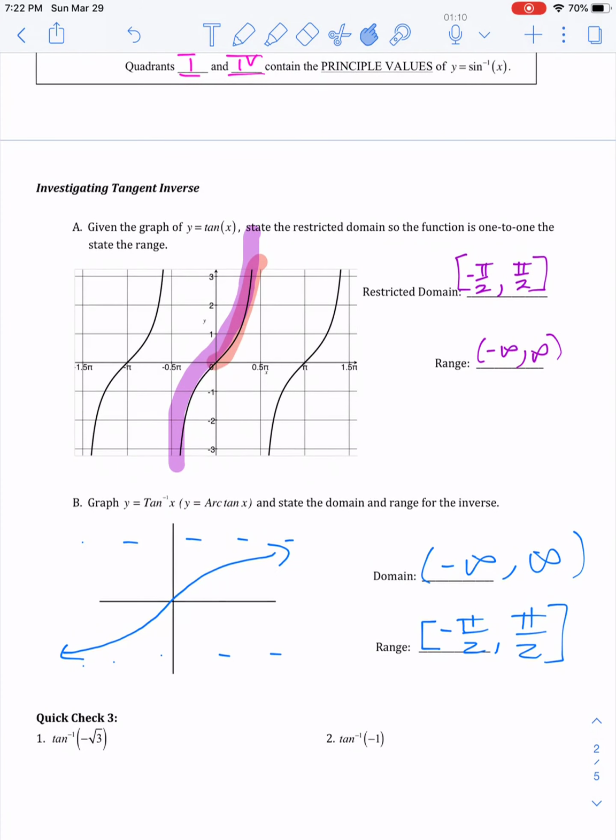I will give you a minute now that we've talked about inverse trig for both sine and cosine. I'll give you some time to think about what is the inverse tangent of negative root 3.